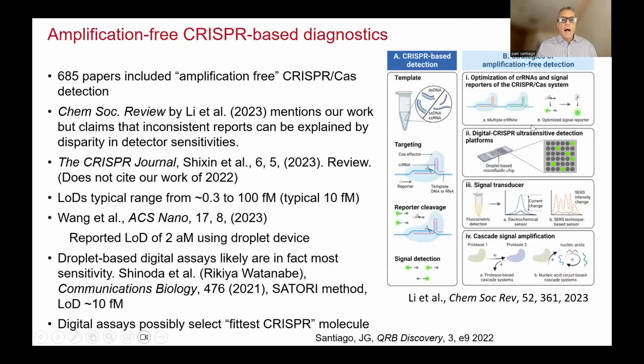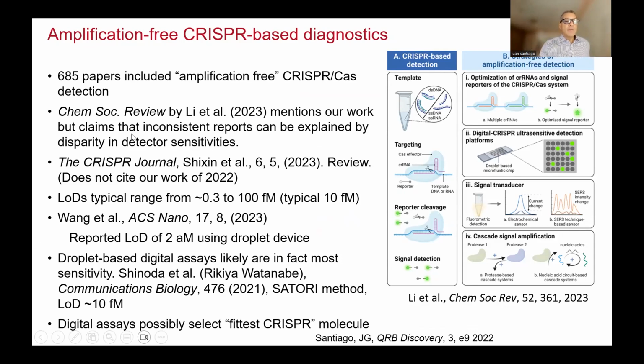I'll also point out that there are now almost 700 papers where people publish amplification-free CRISPR assays. Many of these are difficult to reconcile given the known performance of CRISPR kinetics.